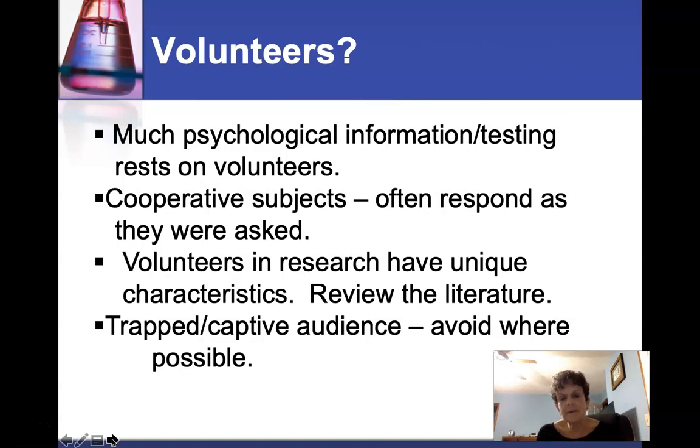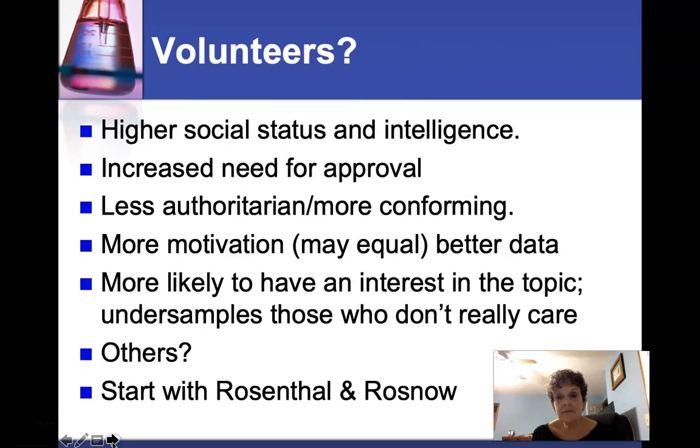So unless you were doing something in the medical vein, we try to avoid using volunteers, because volunteers sometimes are considered a captive audience, and they volunteered, so sometimes you're not really sure why they volunteered, whether they have their own agenda and will skew your data when they answer your questions.